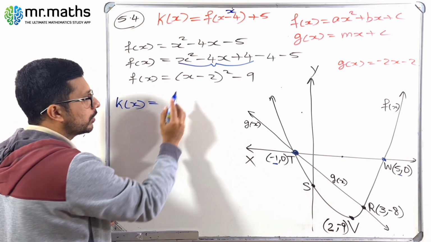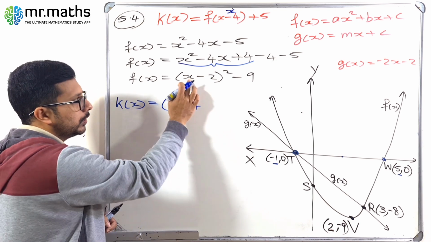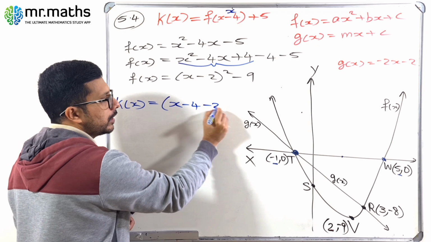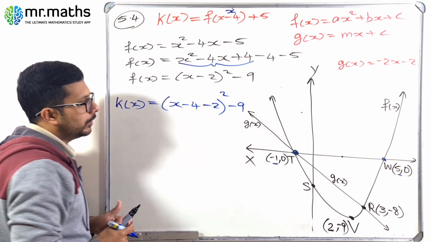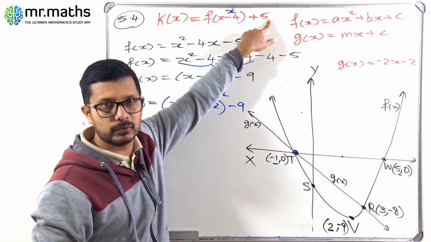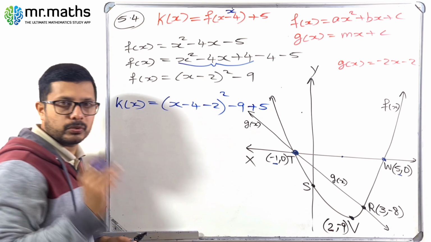Can you see x here? I am going to write that x as x minus 4. So this x I wrote as x minus 4, then minus 2 the whole square minus 9. Then it's not finished. Can you see that? Plus 5. That is k of x. So listen once more.